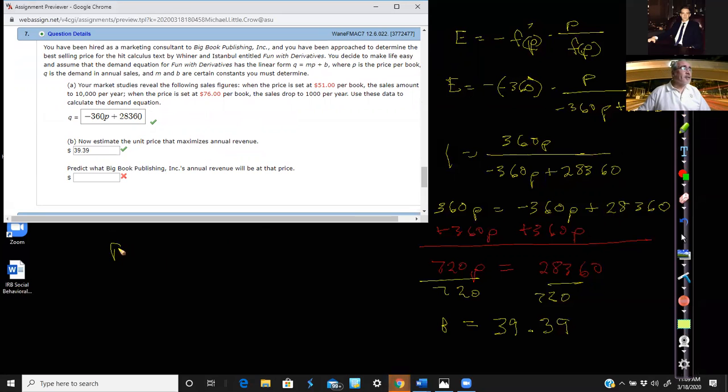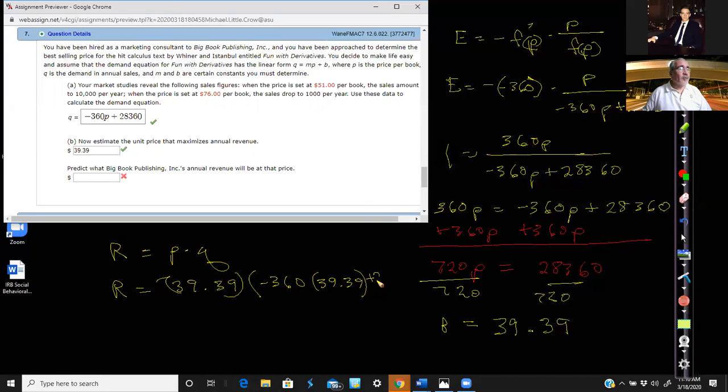these are pretty involved problems, aren't they? The revenue is going to be price times quantity. So that's revenue. The price is $39.39. The quantity, we use the formula, minus 360 times $39.39.